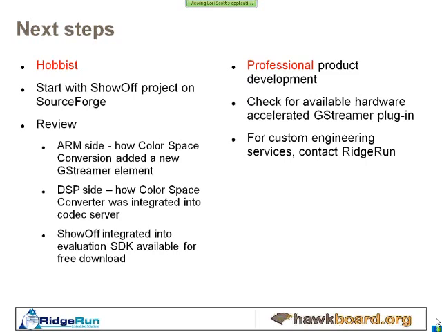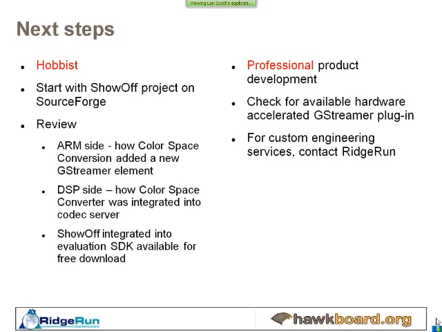Well, if you're a hobbyist and you really want to learn about this, I recommend you take a look at the show-off, because show-off has instructions on how to build and run the example that I talked about earlier, so you can see a completely implemented iUniversal and how it ties in with the GStreamer and what we had to do to make that accessible as a new GStreamer element in the DMAI plugin. So you can see those bits of it.